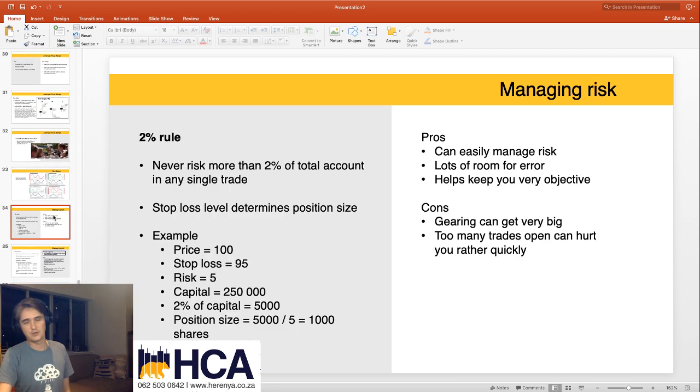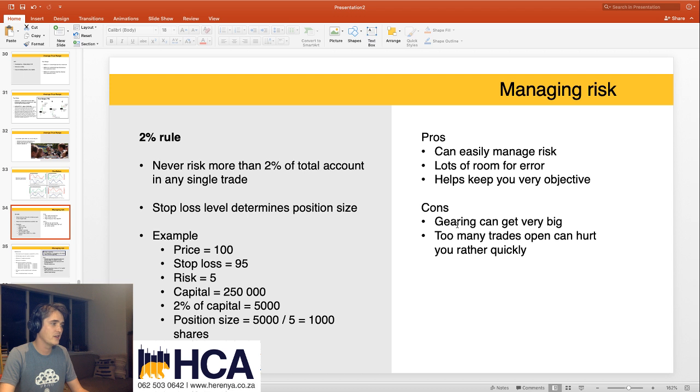Then we looked at some risk management stuff way early in the first section, the 2% rule. I'm not going to go through this in detail because I do want to get to some other stuff. But basically the premise here is never risk more than 2% of your money. You work out the distance between your entry and your stop. You see how much risk you take. You then work out what 2% of your portfolio value is. You divide that by the amount of risk, and bang, it spits out the number of shares you're supposed to buy.